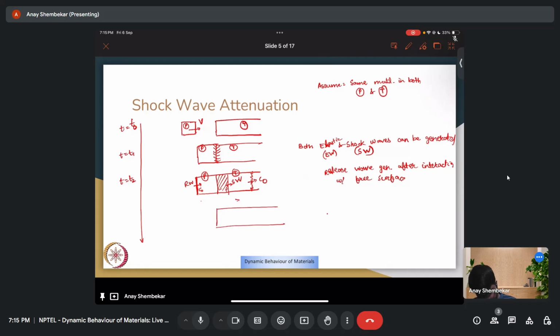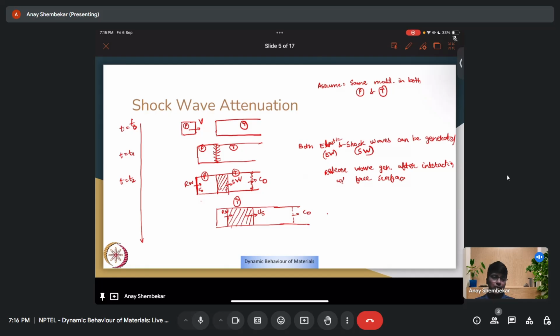This is the target. You have your release wave coming up. Release wave. This is your shock front. This is moving with Us. Somewhere here your original elastic front c naught has propagated.